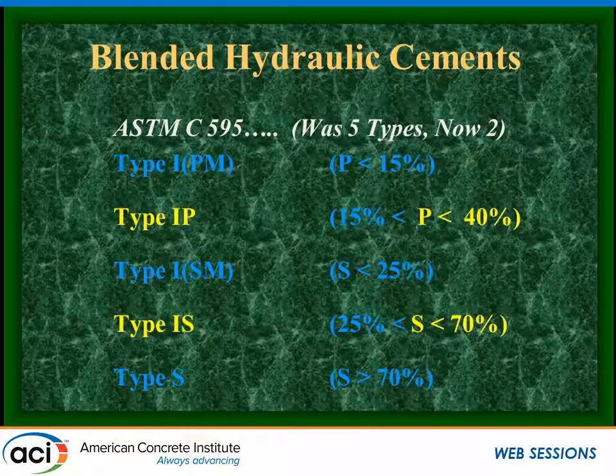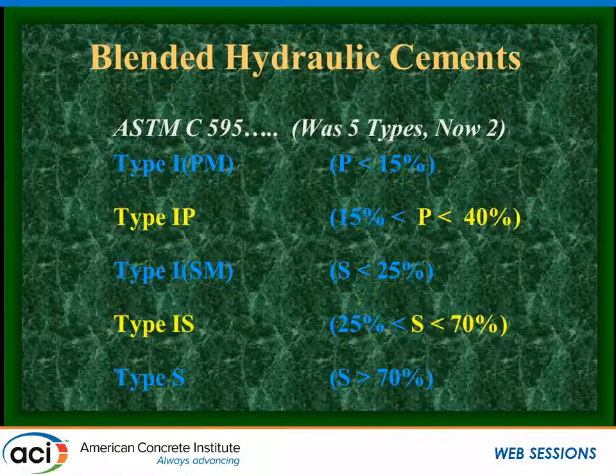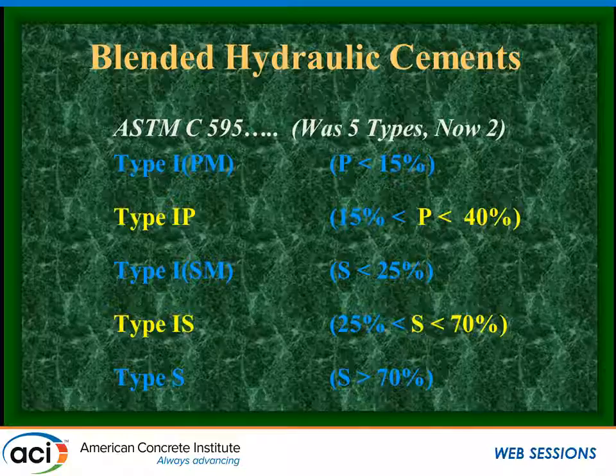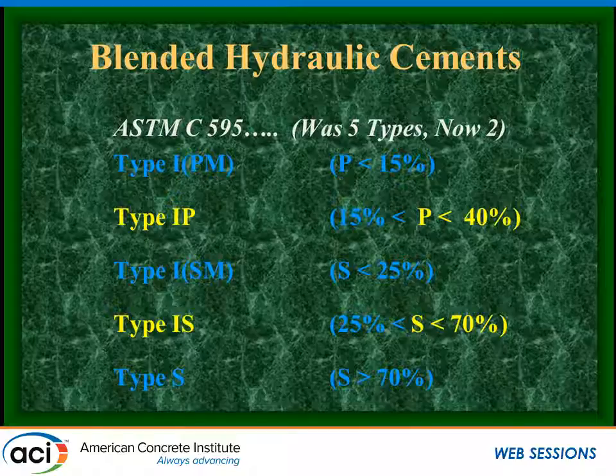So we eliminated the bracketing of the less than 15 and the 15 to 40, and now it's just type 1P, which is pozzolans up to 40%. And we now put in parentheses behind the 1P the percentage of pozzolan used. Same thing with slag. The 3 brackets are eliminated. Now it's just 1S with parentheses stating what percentage of slag is in the mix, up to 70%.